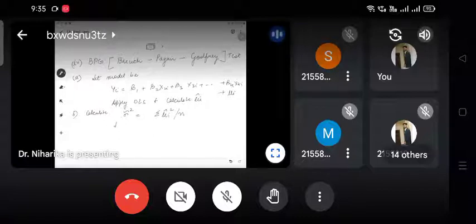And another term that we calculate for this test is pi. Pi's value is mu i cap square divided by sigma tilde square.